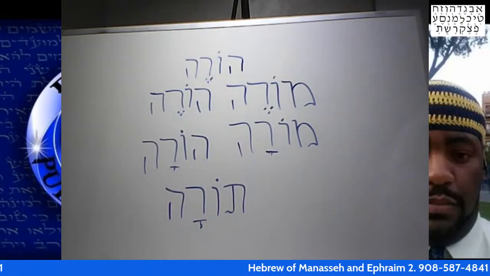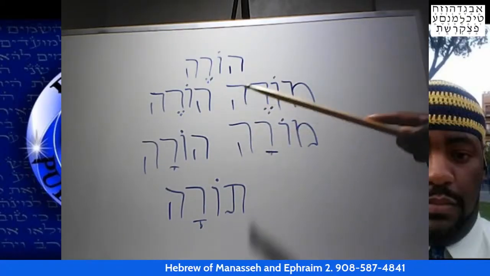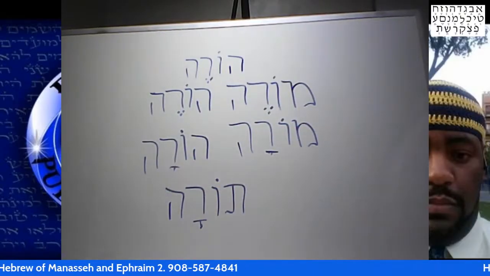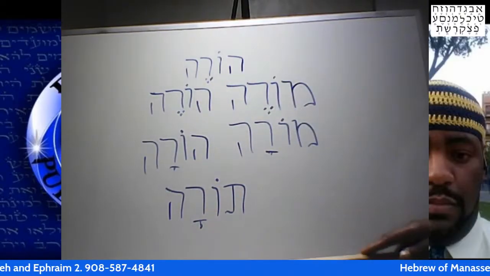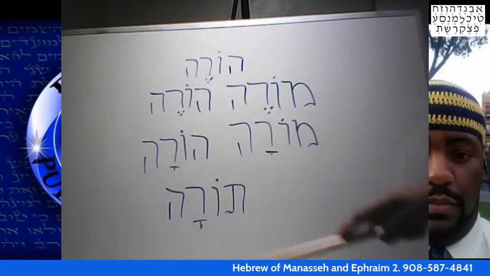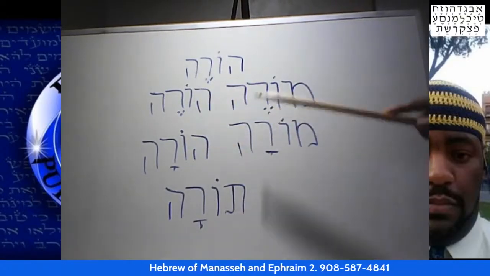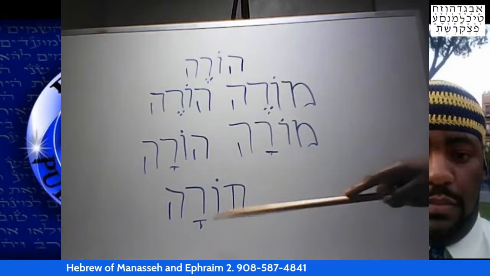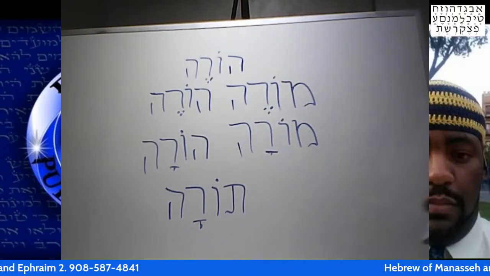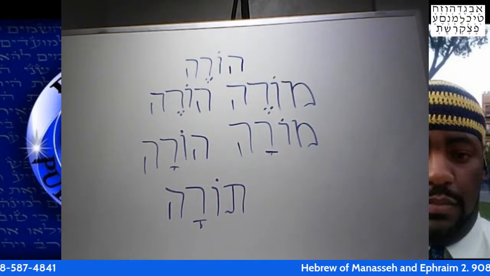So we just want to point that out. So we have a teacher, a male parent, a female teacher, a female parent. So what do we get out of this? The teachers are parents, and most definitely the parents are teachers. And what are they supposed to teach? The instructions. So just want to show how the Hebrew works in this particular case.